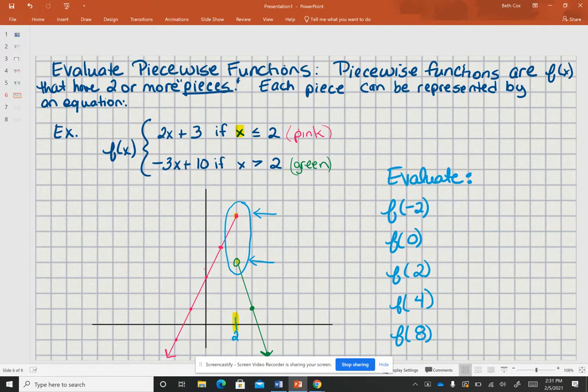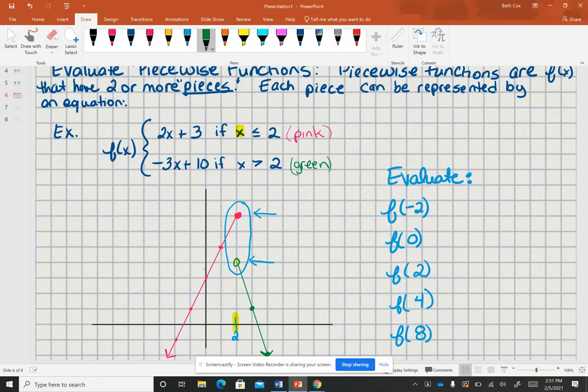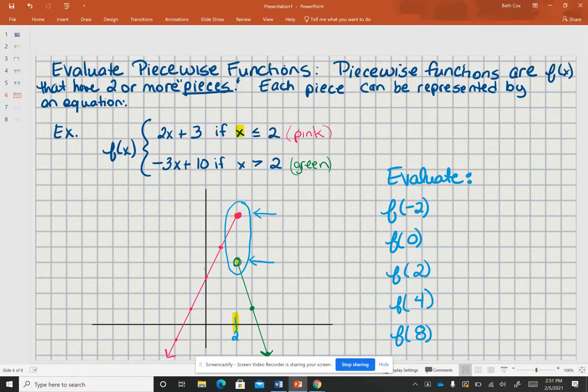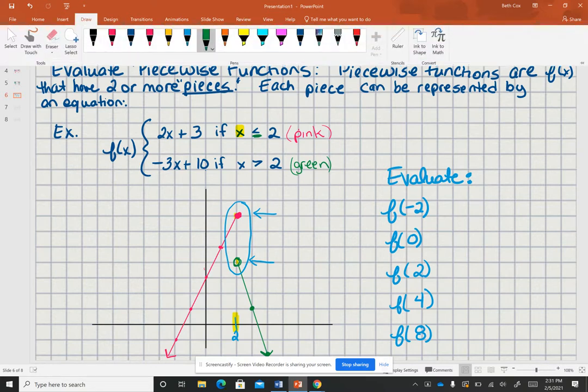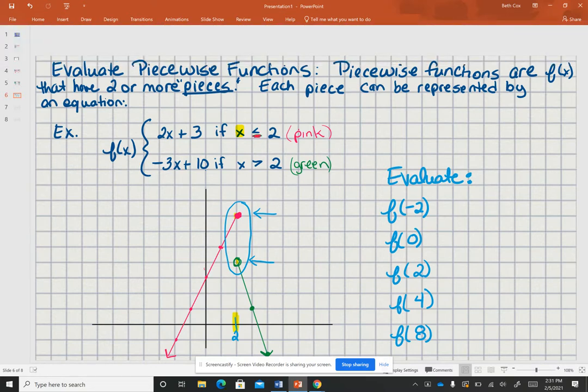Well, notice the different types of endpoints. This one has a solid endpoint, and the other one has an open endpoint. Well, let's look at that. The pink one has a solid endpoint because it has an equal sign on it. There we go. It has an equal on it, and so that's why you have a solid there.